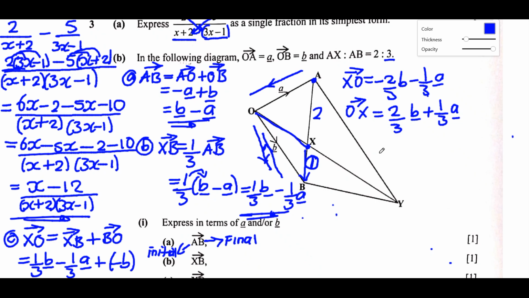Now since we are told vector OY is equal to 3OX, it simply means that this must be multiplied by a 3.